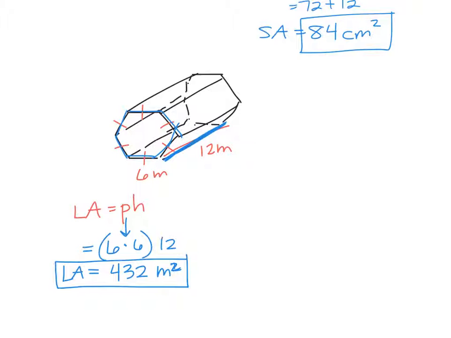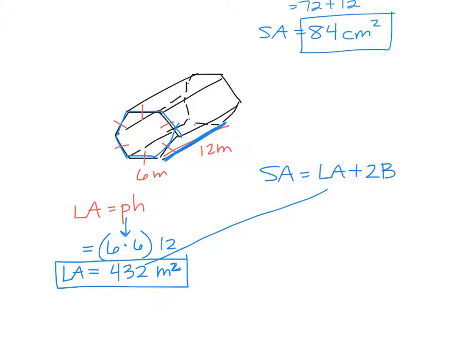How are we doing so far? Good? Okay. Then we want surface area, and surface area is your lateral area plus 2 times the area of the base. Hopefully finding the area of a regular polygon is second nature to you by now, because we've done stuff with it in 3 chapters now, not necessarily found the area.